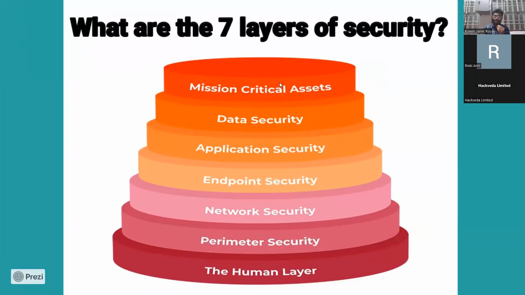You have to get through him. Then we have to get through the persons who are the administrators. Then we have to get through the safety walls, and only then can the hacker, the thief, get his hands over the money, right? There are some layers for the security, and such layers are used here too: the human layer, perimeter layer, network layer, endpoint layer, and application, data security, and mission critical assets.